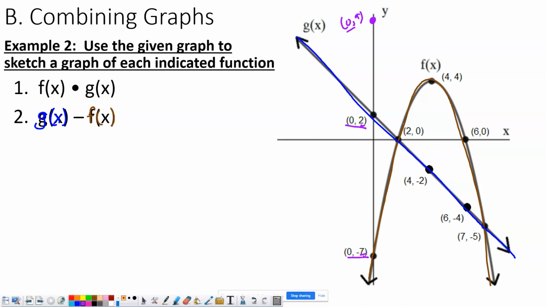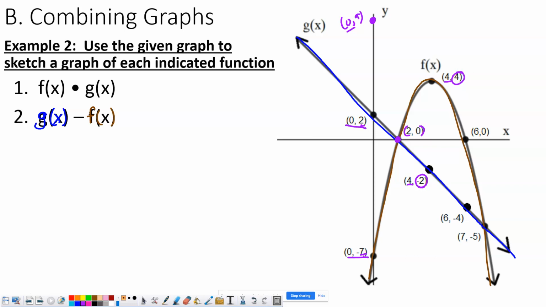Next one, right there. For the x value of 2, blue and brown are the same. They're both 0 for the y value. So 0 minus 0 is still 0, so I'm going to put a dot here. Next one, for the x value of 4, blue minus brown is going to be -2 minus 4, which is -6.